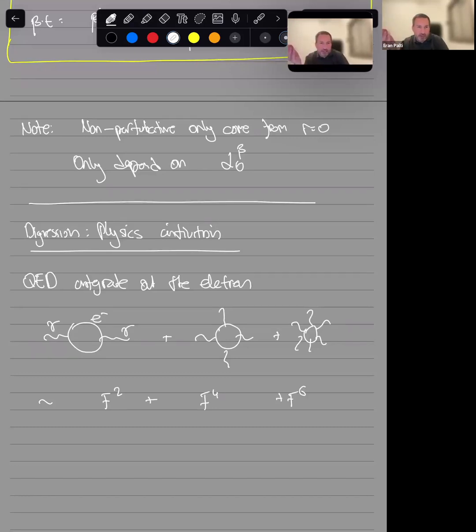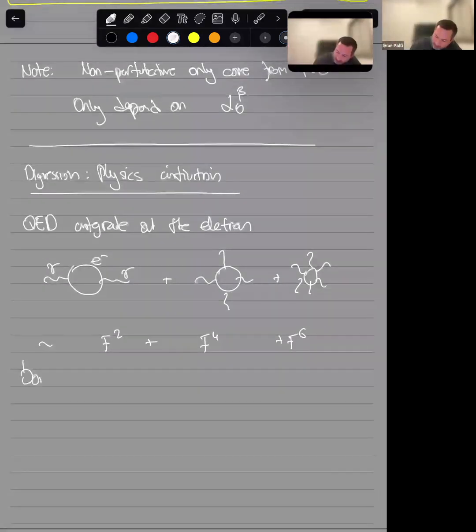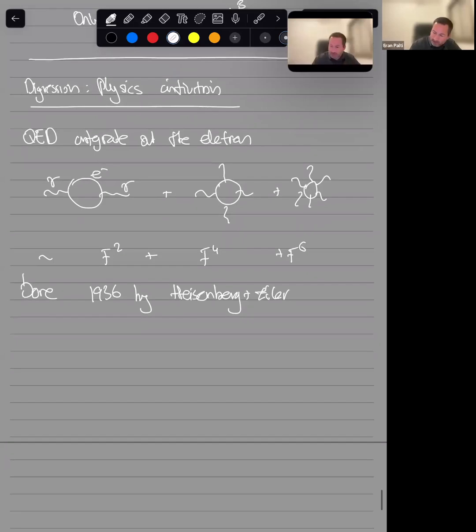And this calculation was done in 1936, I think, I'm not sure, by Heisenberg and Euler. The effective action that you get after you integrate out the electron is called the Euler-Heisenberg Lagrangian.